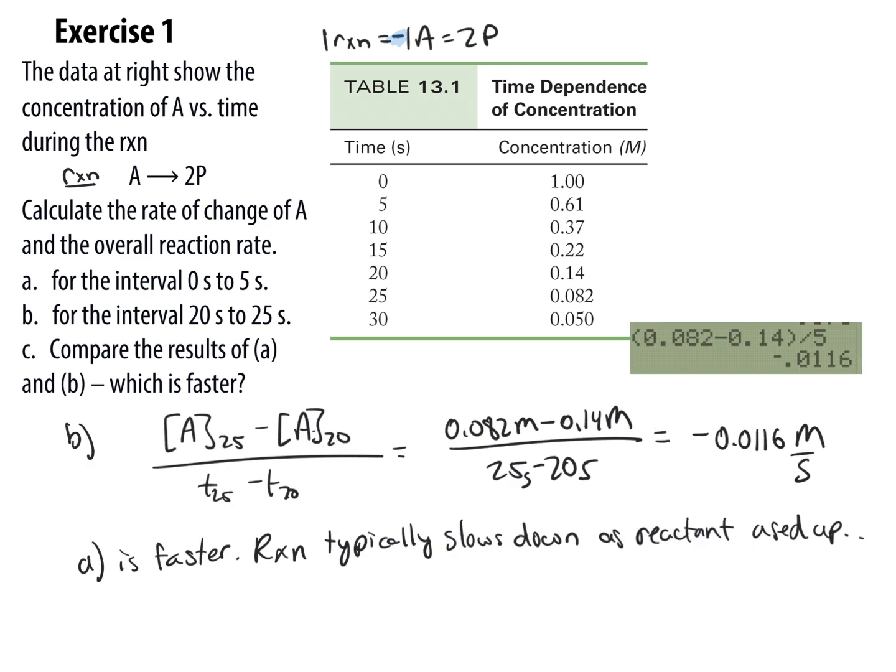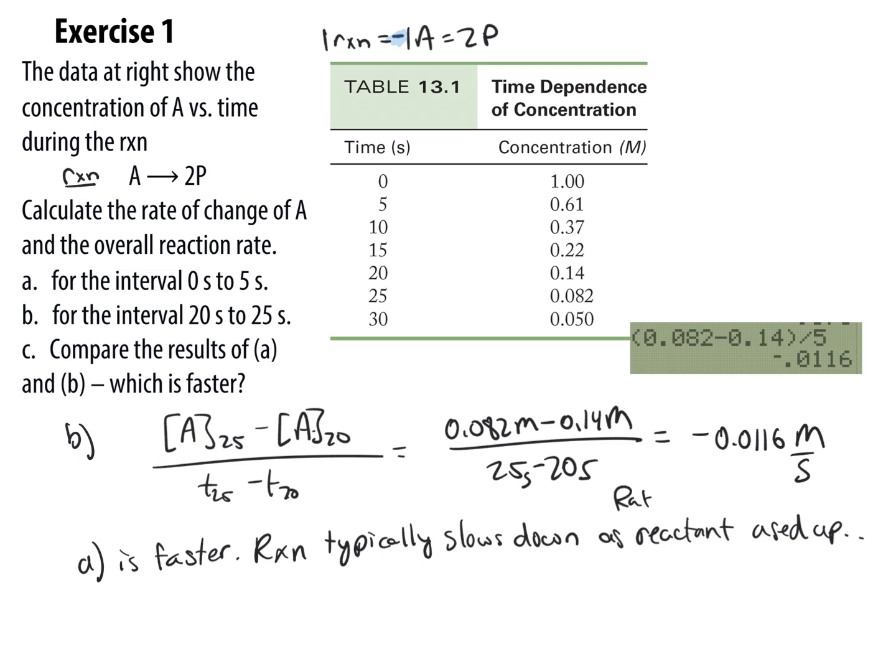So B is done the same way. I'll skip to the answer: subtract the concentration at 25 seconds minus the concentration at 20 seconds, divide by that same 5-second change in time as shown here. The rate of change of A is negative 0.0116 molar per second. And then again, we're just basically dividing by the coefficient and making the number positive.